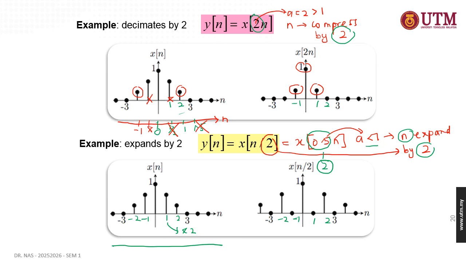So at this position is 0. And then 1 times 2, now it becomes 2. 2 times 2 is 4. 3 times 2 is 6. Okay, -1 times 2 is -2, -4, and -6. So now just copy the amplitude.